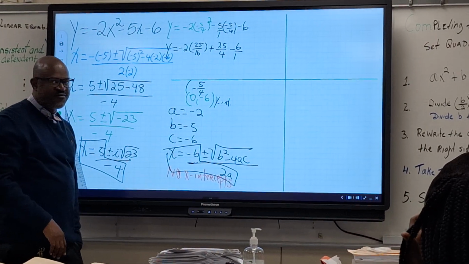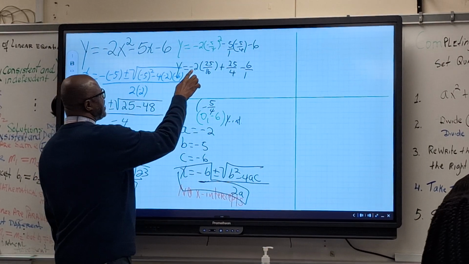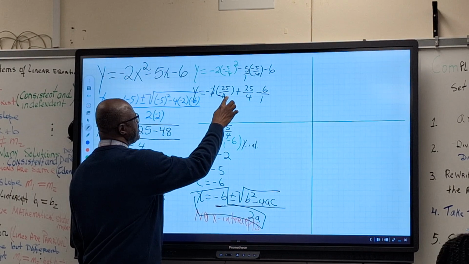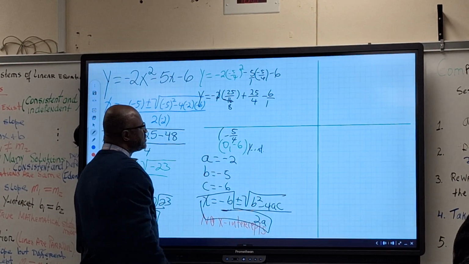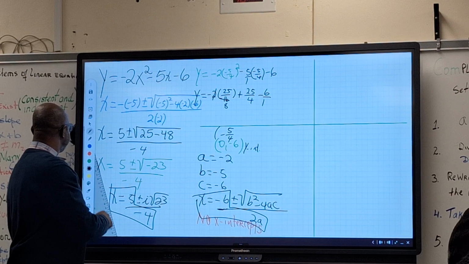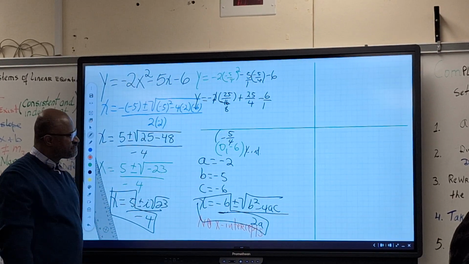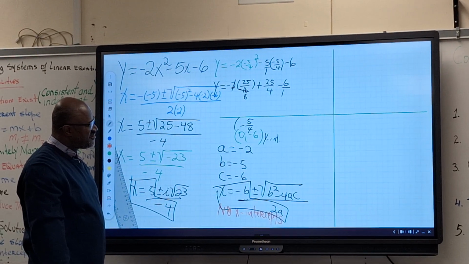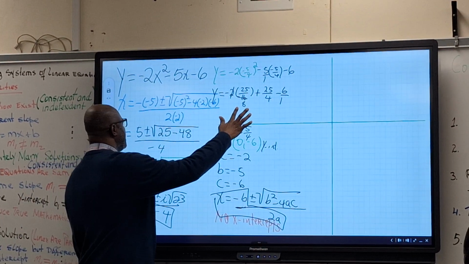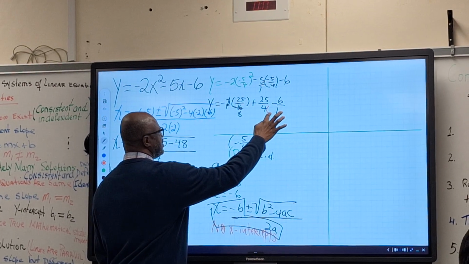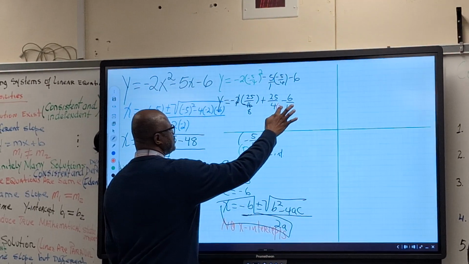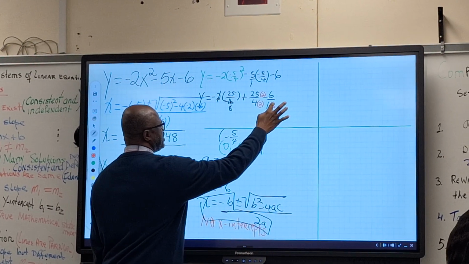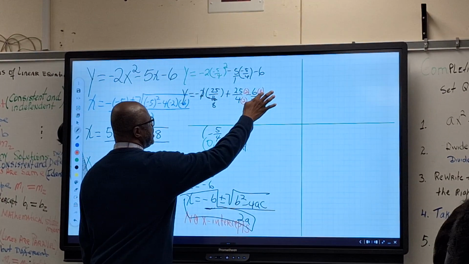So far so good? I can see this can simplify, right? That will give me 8. So what would my common denominator be? It's not 4, it's 8. So I can multiply this by 2 to get 8, and multiply the others by 8.